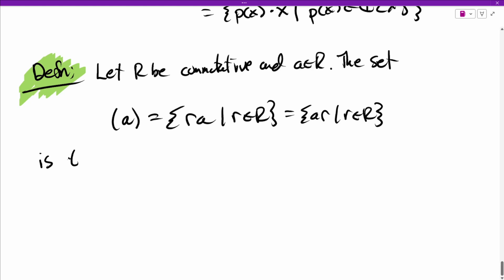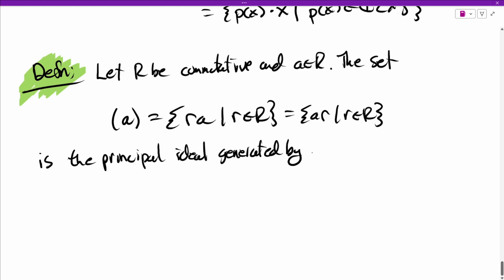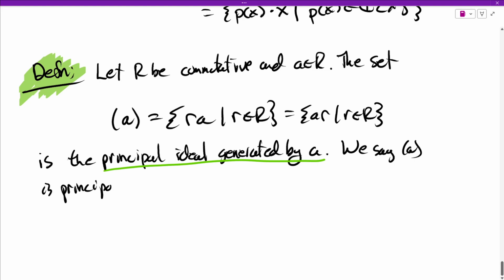But this is called the principal ideal generated by the element A. And if you can show your ideal is somehow generated by a single element like this, you say it's principally generated. So we say that (A) is principally generated by A. It might be generated by other things, but it's at least generated by A.